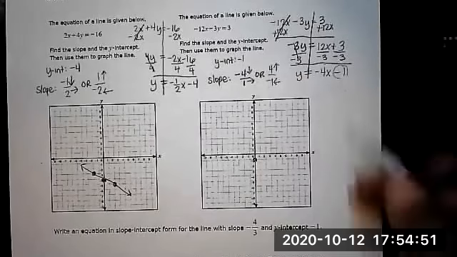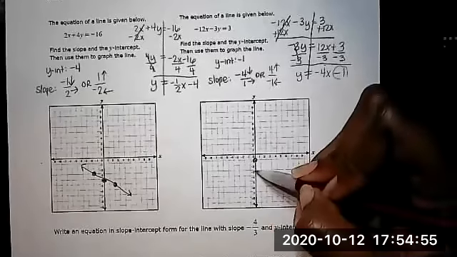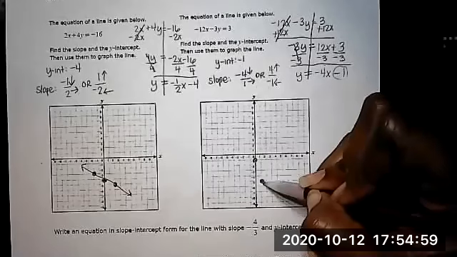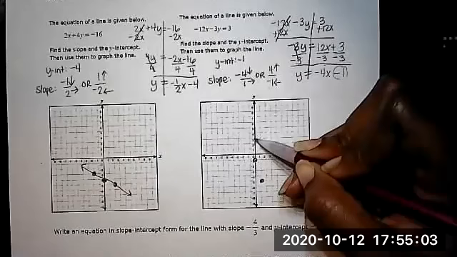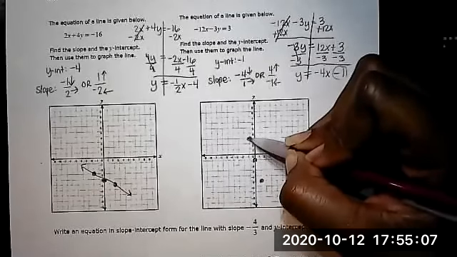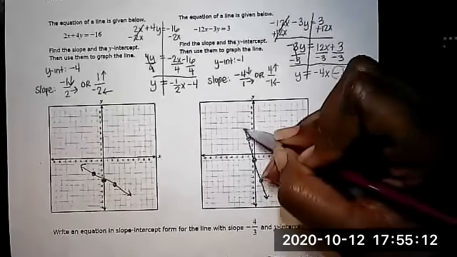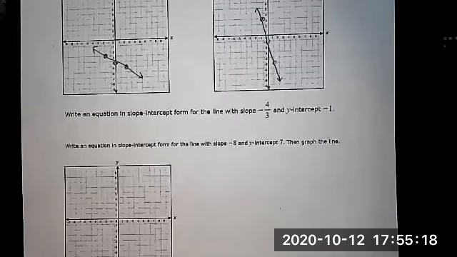So here, down 4, right 1, back to your y-intercept, up 4, left 1. Okay? So this is your line for your graph. You gain your points. All right.